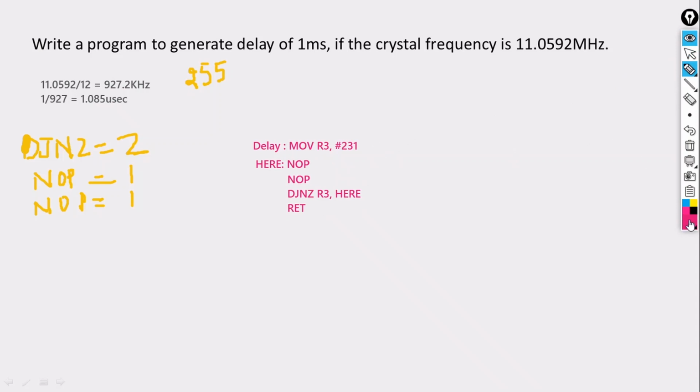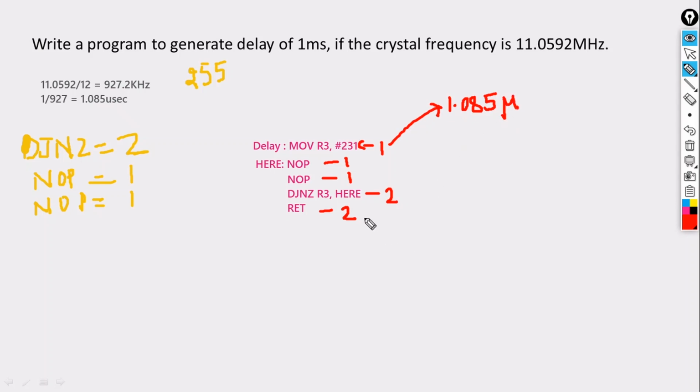This is going to take one machine cycle, again one machine cycle, one machine cycle, then two machine cycles, and two machine cycles. Since the first is only executing one time, I'll be getting 1.085 microsecond.